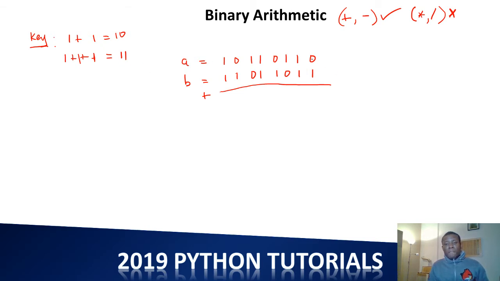So let's start. 0 plus 1 is 1. 1 plus 1 is what? Is 10. So we write 0 and we have 1 move across, right? Good. So 1 plus 0 is 1, plus the 1 we already have is 10. So we write 0 and we have another 1 moving across.